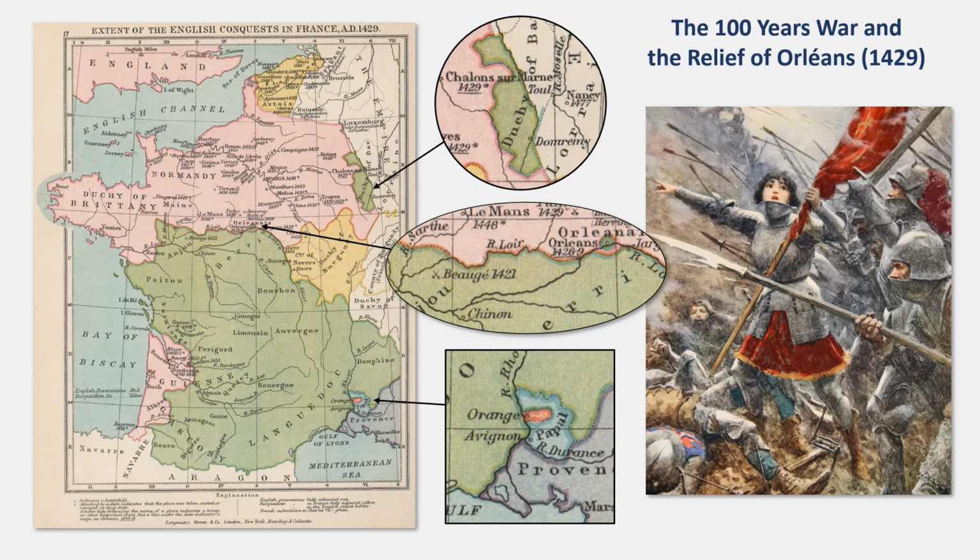But Orange was not isolated from France, it was isolated from the Papal States, because surrounding it in blue was the Papal State of Avignon, where, of course, for many decades it was the seat of the Pope. And Provence at the time did not belong to France.